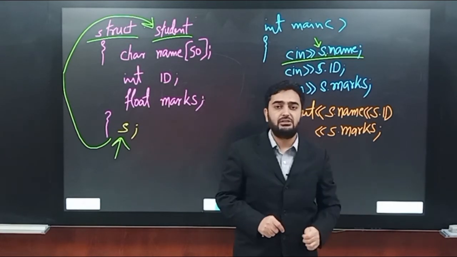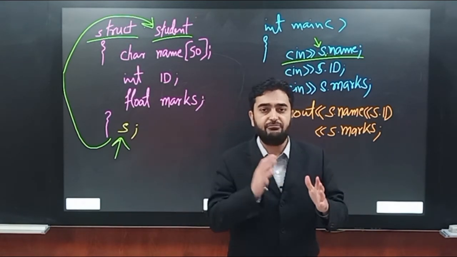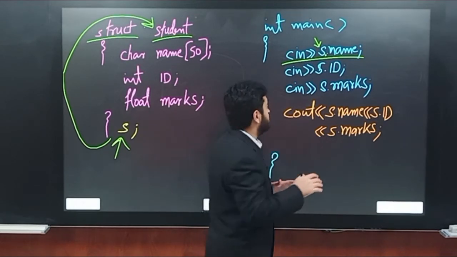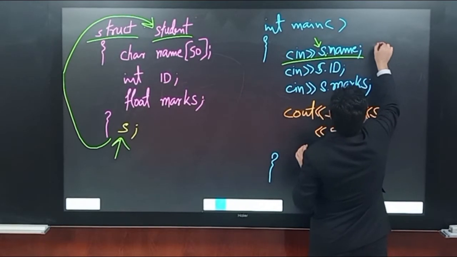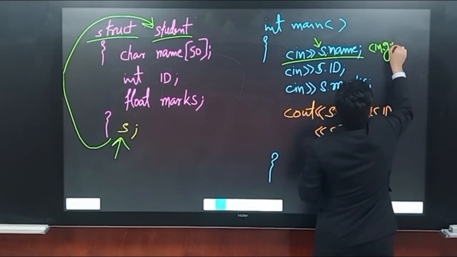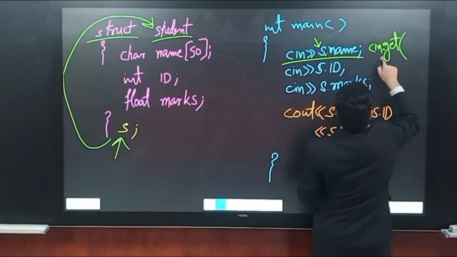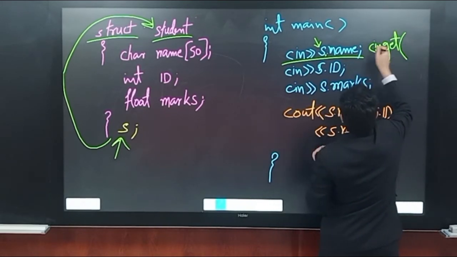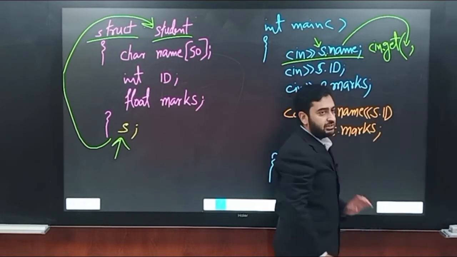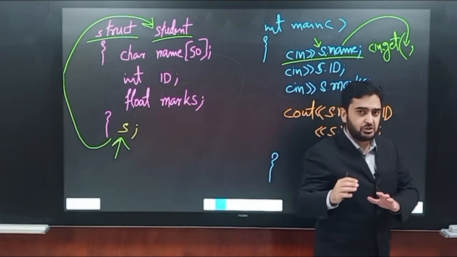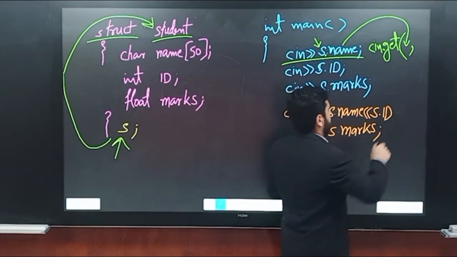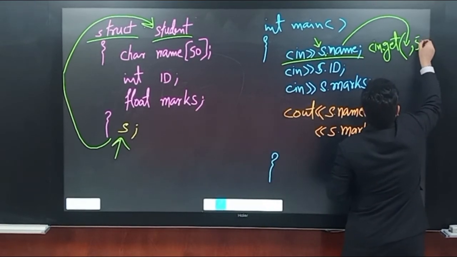If you want to assign the whole name, the first name, second name and third name separated by spaces, then you need to write the cin dot get function, and then s dot name and the maximum number of characters you want to save in s dot name, which is 50.